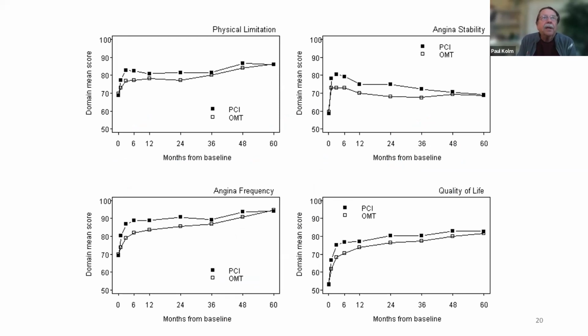And so you can see that the PCI generally is doing better early, in a short run after treatment has been applied, but over a longer period of time, you can see that the two groups don't differ that much. So this is an example of a mixed effects model where we have included the variance of the healthcare system, the site, and then of course patients.